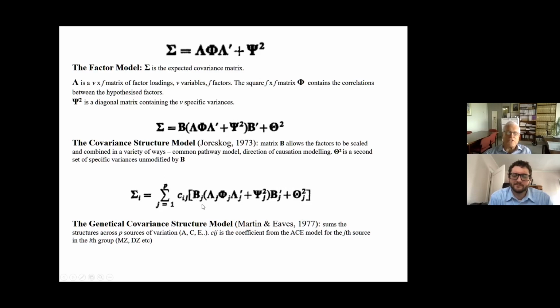What Lyndon realized is that we could simply take that and then for each covariance matrix, summing across covariance matrix for MZ twins and for DZ twins, we could specify, first of all, for each of our sources of variation, A, C, and E, which are P sources, so for each of those J sources, we could specify a covariance structure matrix, and then we would sum those with their appropriate coefficients from the ACE model across our MZ and DZ matrices to get the expected covariance matrix.